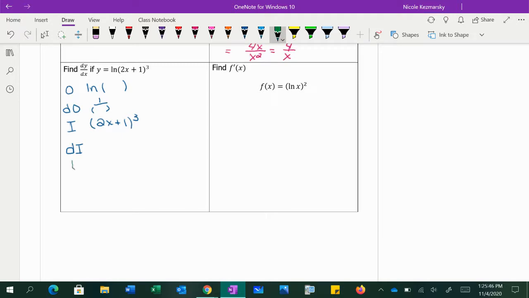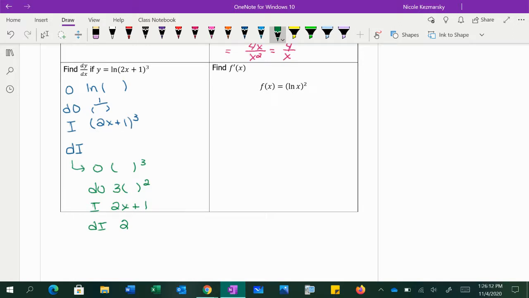So to do the derivative of the inner, I'm going to do another set of outer, which is something to the third power, derivative of the outer, which is 3 something squared, inner, which is 2x plus 1, and derivative of the inner, which is just 2.